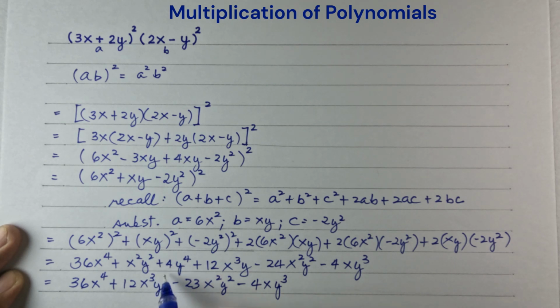And lastly, plus 4y to the fourth. So that's x to the fourth, x cubed, x squared, x, y squared, y cubed, y to the fourth. So this is the product, and that's the answer.